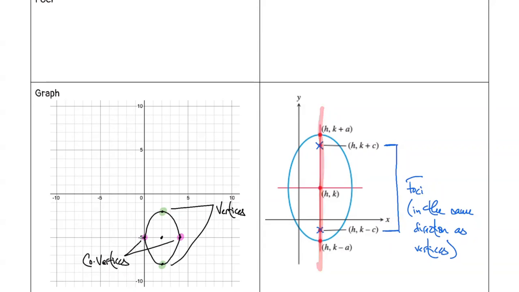All right, so the major axis goes through the vertices, the foci, and the center. So many points, we call it the major one. The shorter one, we just call that a minor one. Like it's not as major, right? Like Major League Baseball, minor league baseball.